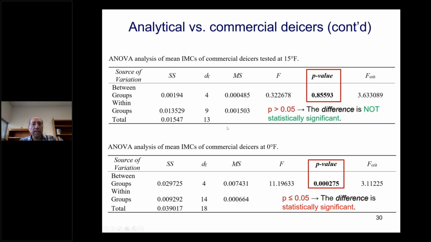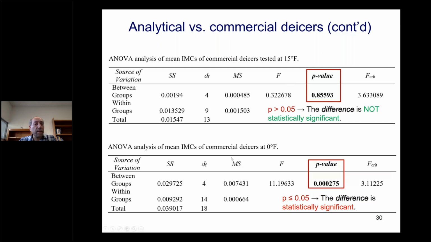In the next step, because we have used two kinds of deicers, commercial deicers and analytical deicers, we suspected that the difference can come from commercial deicers.